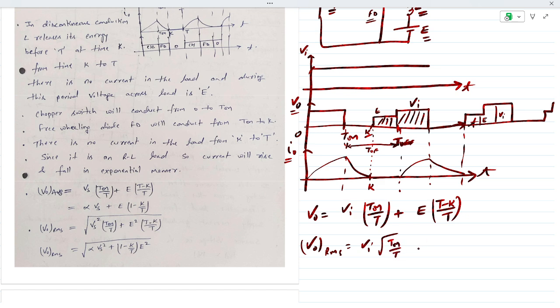So this is Vi T on upon capital T plus E into T minus K upon capital T.